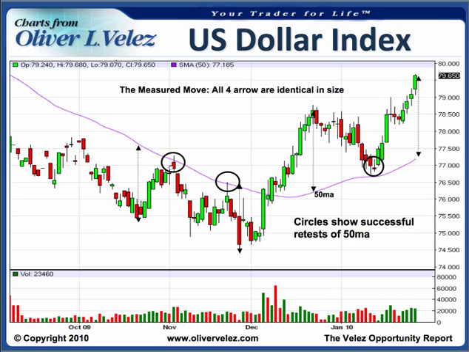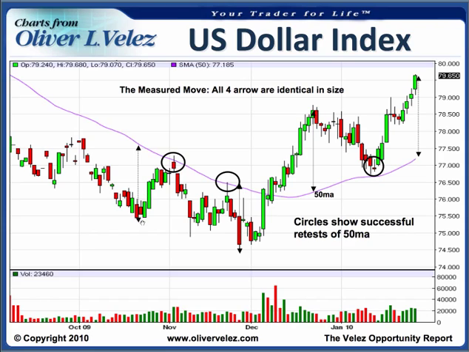Okay? Now, I'd like to point your attention to the periods of time when the dollar index moved significantly away from the 50-period moving average, meaning the drop separated itself from the 50-period moving average.